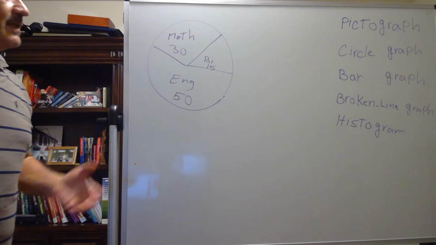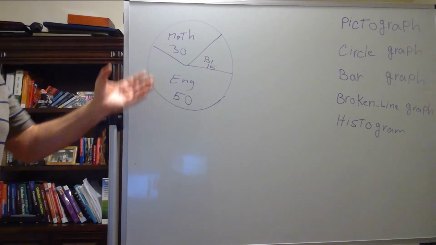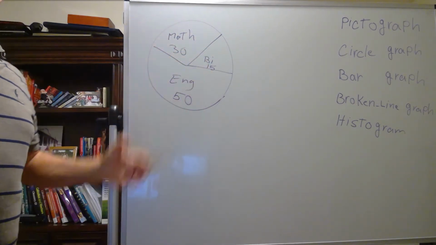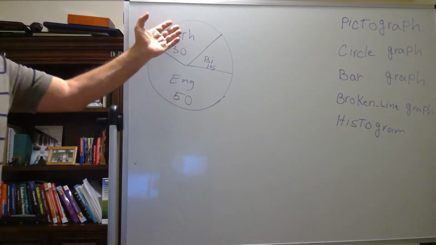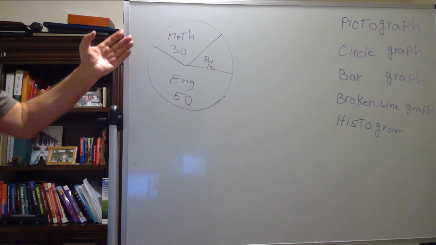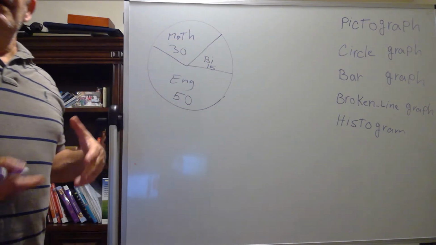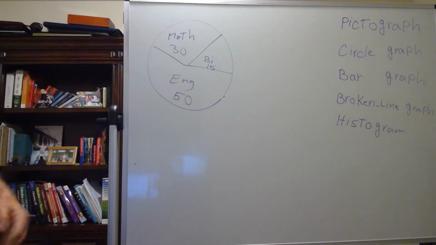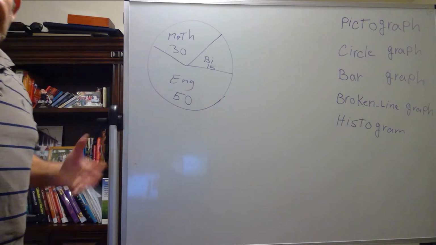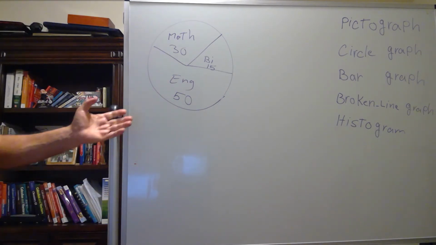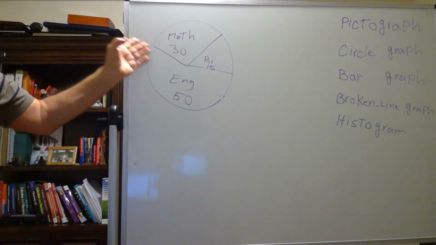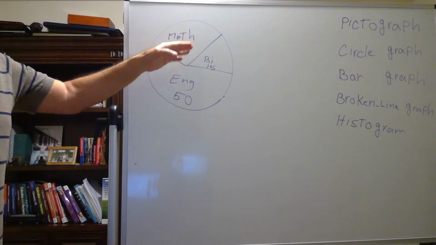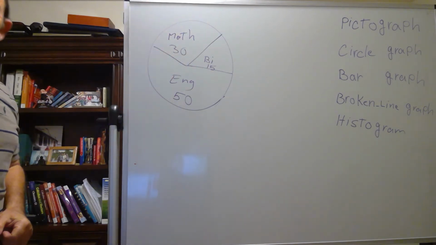We can use the percent, or sometimes in the circle graph they use the number of each sector. In this case, the number of students in each class. It can be the number of students, the amount of money, or the amount of energy that we are producing in each, let's say, province of the country. Anyway, in the circle graph, we use the information inside the circle. Each part is a sector of the total circle.